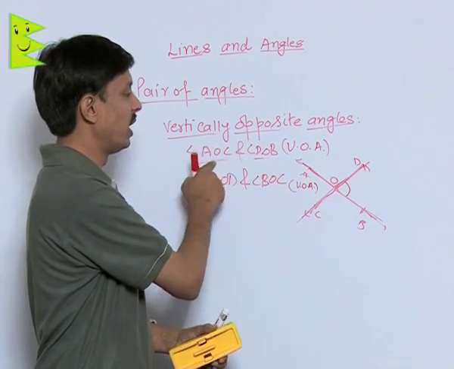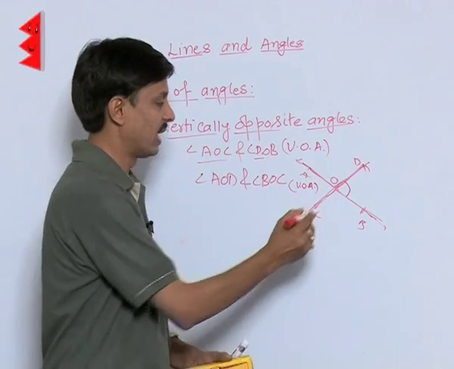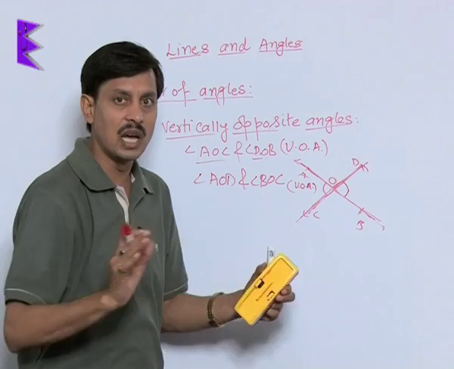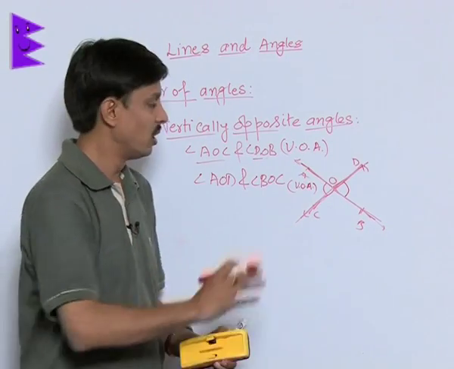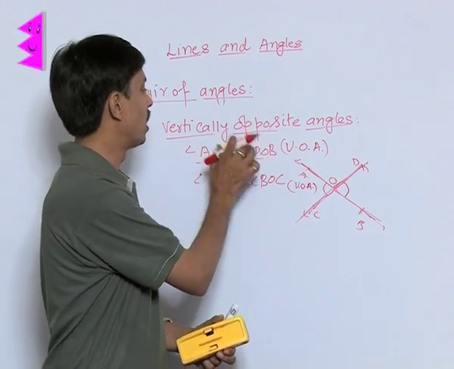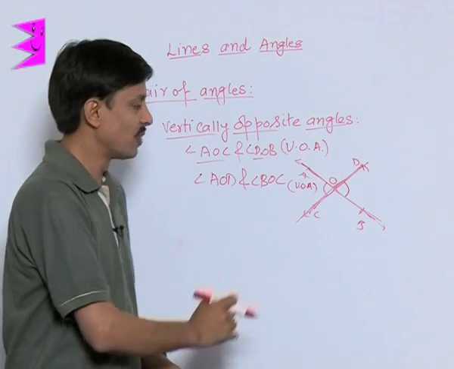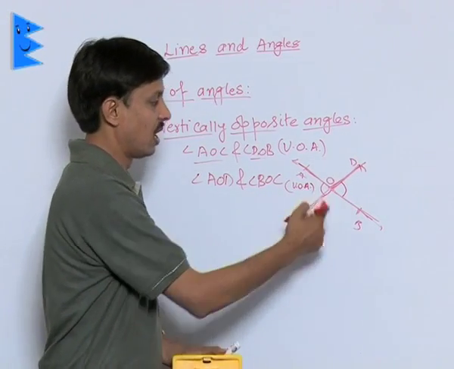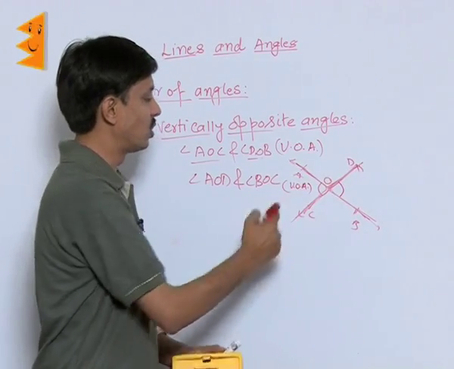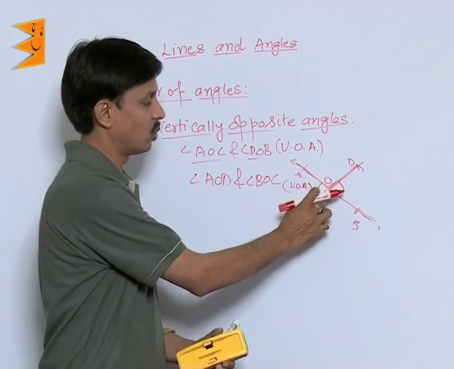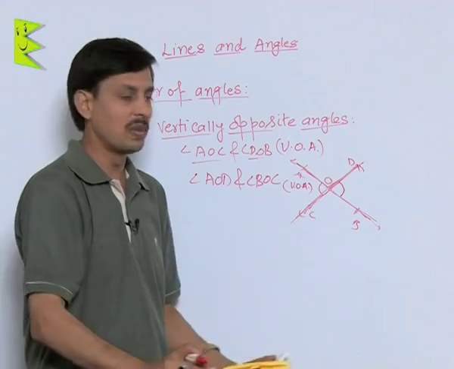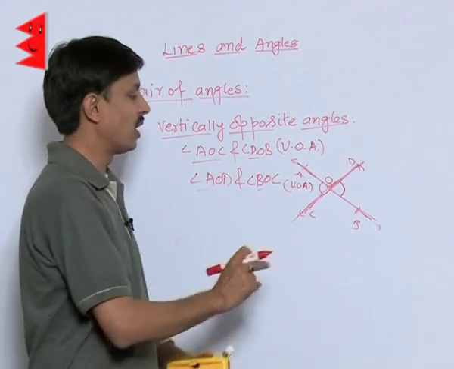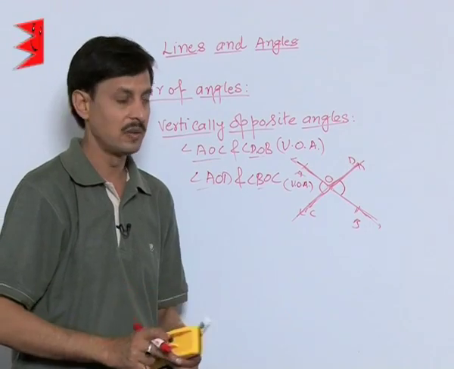AOC and BOD have the same vertex O, but none of the arms of either angle is common. So this satisfies the condition of vertically opposite angles. Similarly, angle AOD and BOC have the same vertex O, but none of the arms is common. So this pair is also a pair of vertically opposite angles.